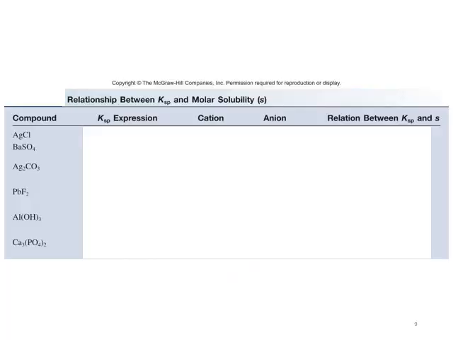Now here is a table that will help you practice all these concepts that we just talked about. For instance, AgCl tells you which compound we are interested in.